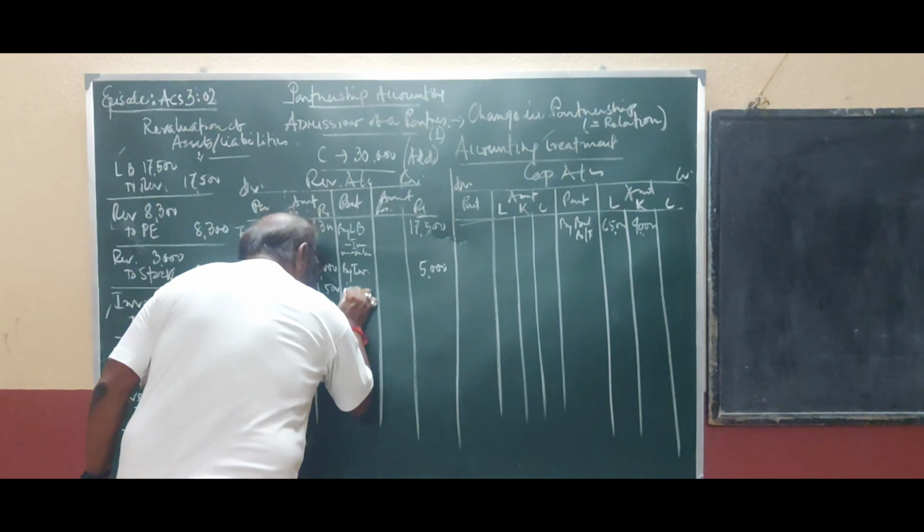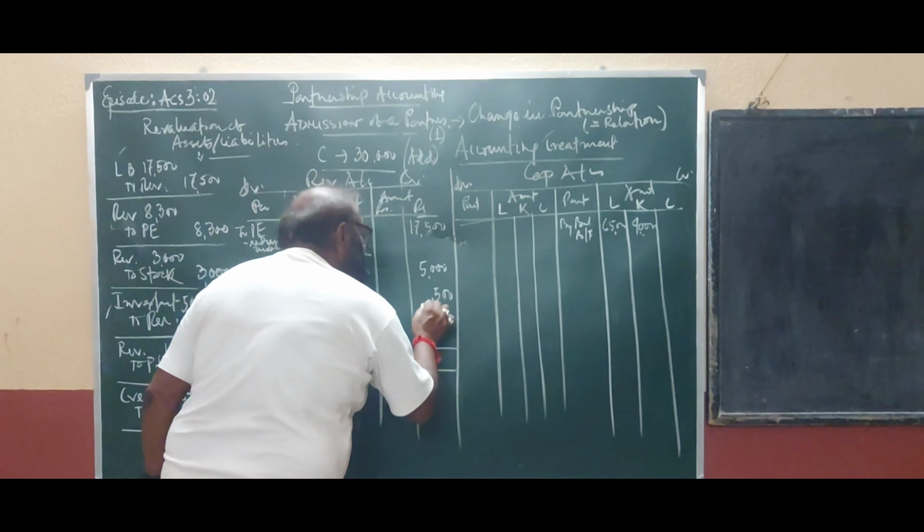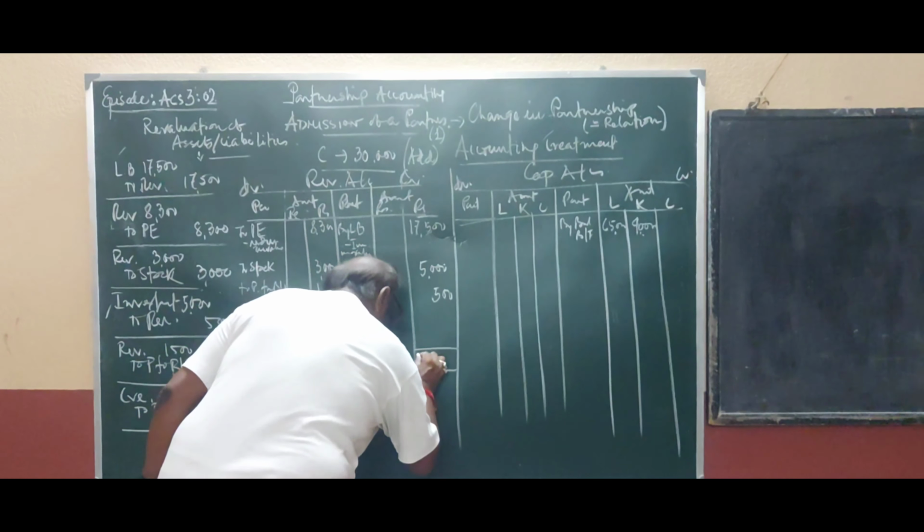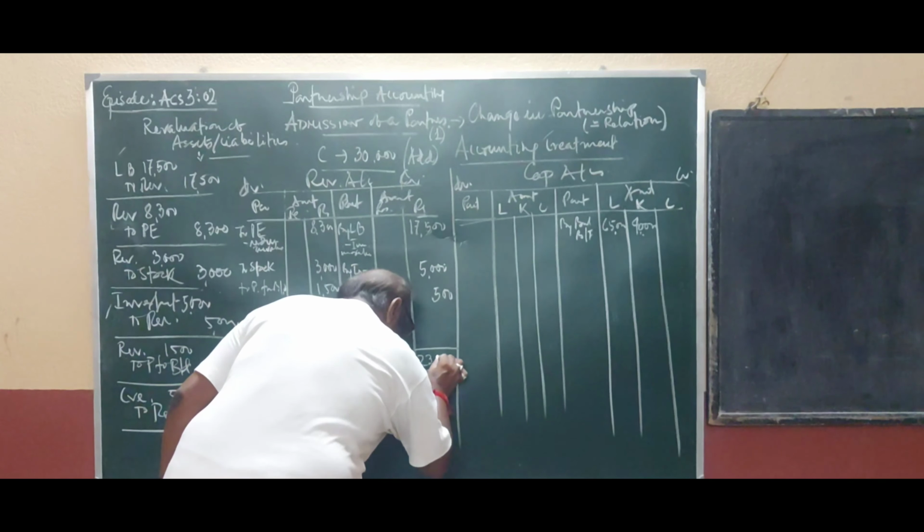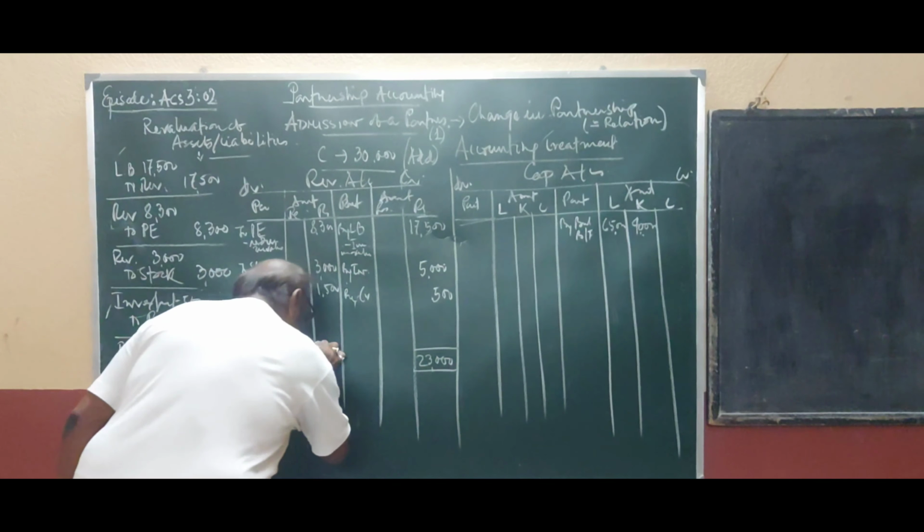Okay, now this is the total of asset, debit, credit, and it is the total of debit. So difference you are getting, no? So what is the difference? How much it is? 23,000. Okay.